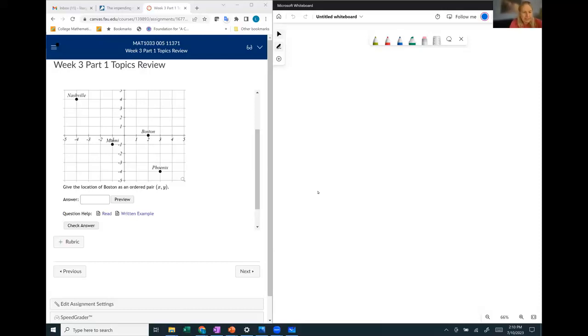So here it says, give the location of Boston as an ordered pair x comma y. Let me just briefly go over what everything means. This is the x-axis.